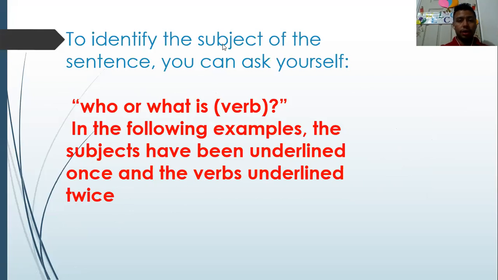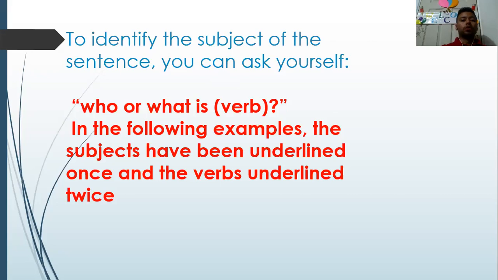Any other volunteer who wants to help me? Derek, go ahead. Thank you. The red one, please. Who or what is verb? In the following example, the subjects have been underlined once and the verb underlined twice.